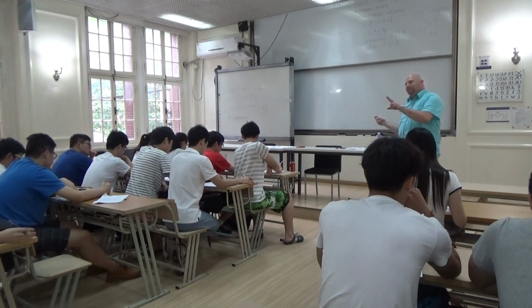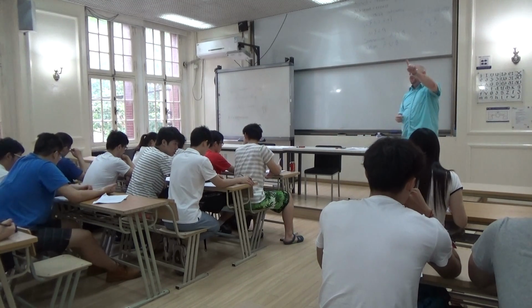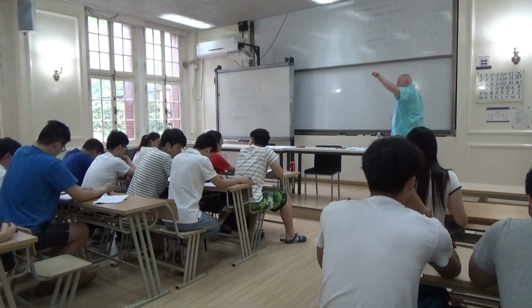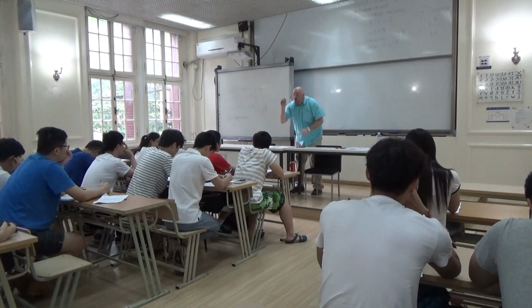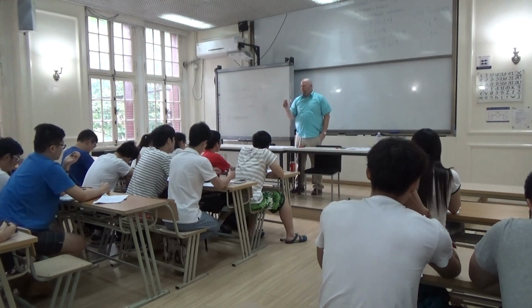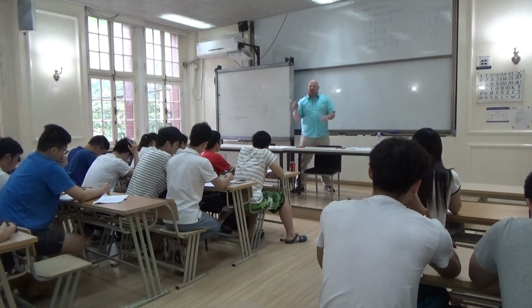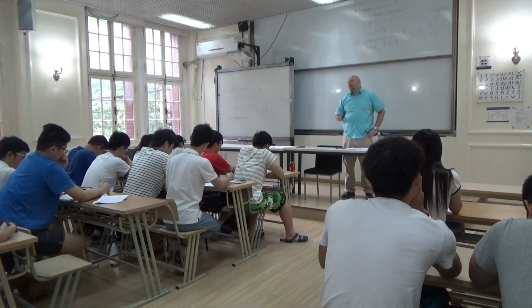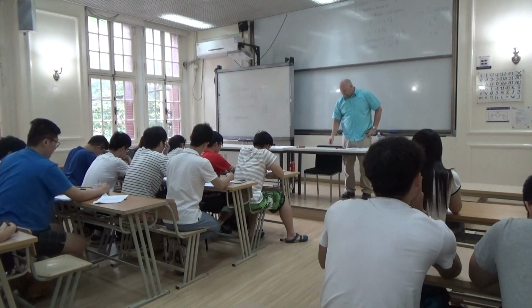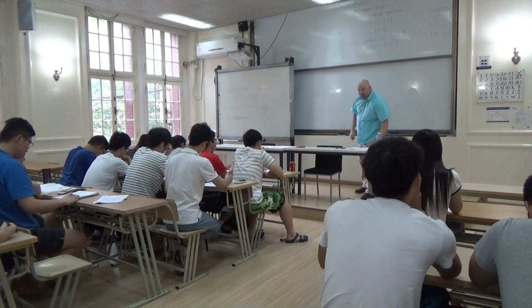Did you hear the differences? The first question, what's the probability of rolling an even number or a prime number? The second question, what's the probability of rolling an even number and a prime number? What's the difference between and or?